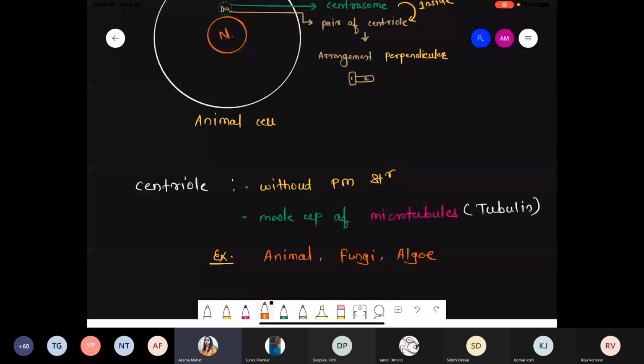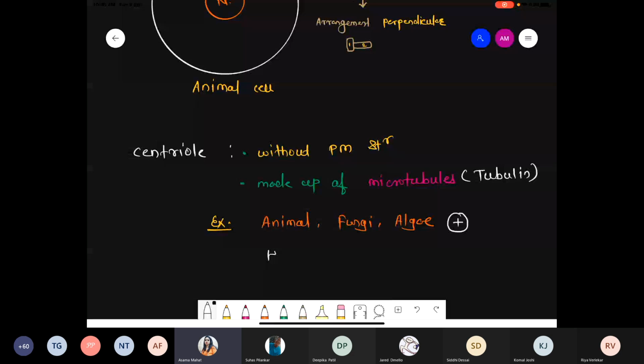But in higher plants like gymnosperms and angiosperms, the centriole is totally absent. Remember this point: in higher plants, the structure of centrosome or centriole is totally absent. Clear this point?